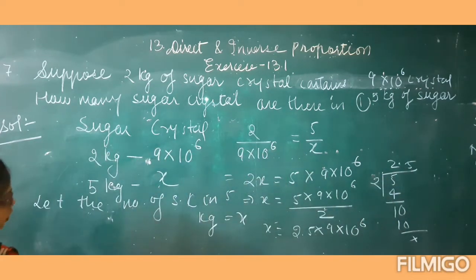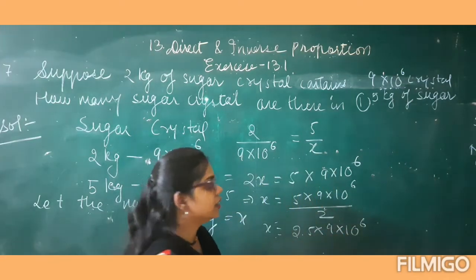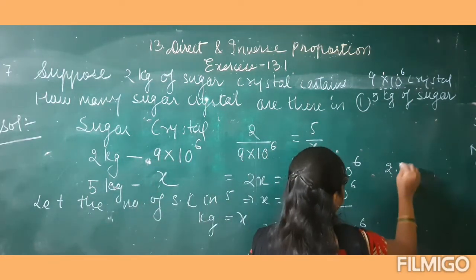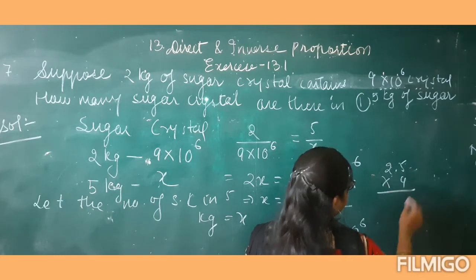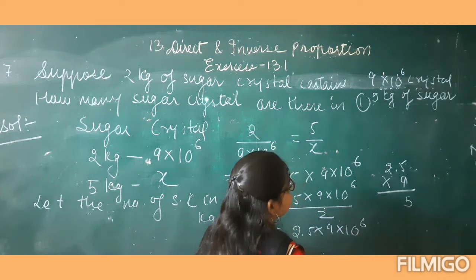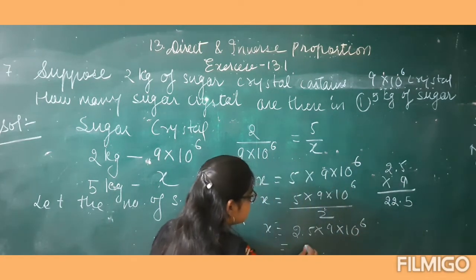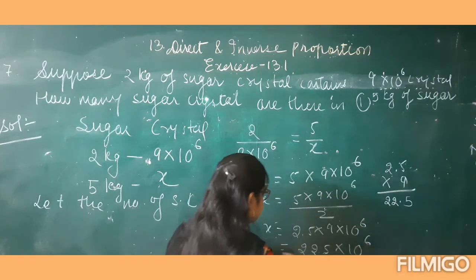Again, I have to multiply this 2.5 into 9. So 2.5 into 9. 5 9s are 45, 5 carry 4. 9 2s are 18, 19, 20, 21, 22. So this will be 22.5 into 10 to the power 6.